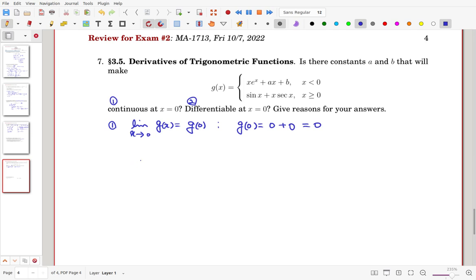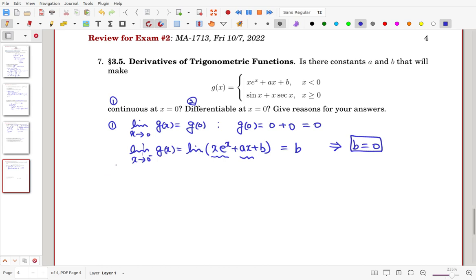So the limit as x approaches 0 from the left of g of x, where x is less than 0, is the same as the limit of x e to the x plus ax plus b. Here this term will be 0, that term will be 0, so the limit is b. That means that for continuity b must be 0, so we reach that.